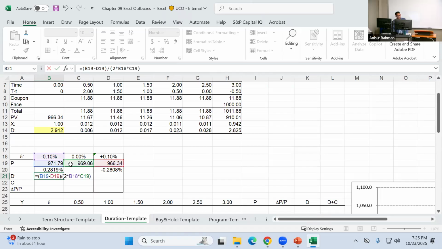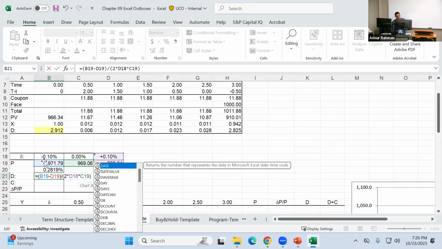Now what we are going to do, we are actually going to use not B18, we are going to use D18 to avoid the negative sign effect.